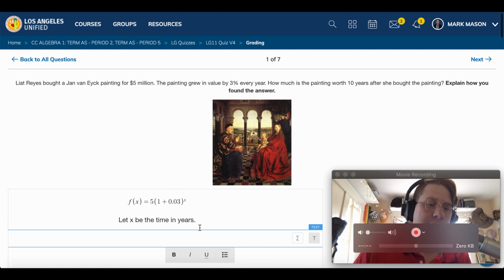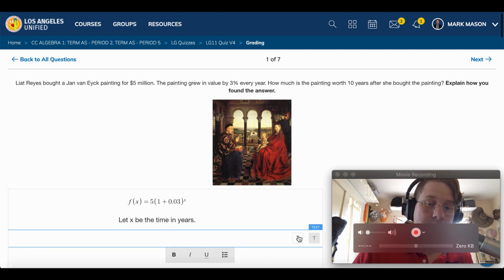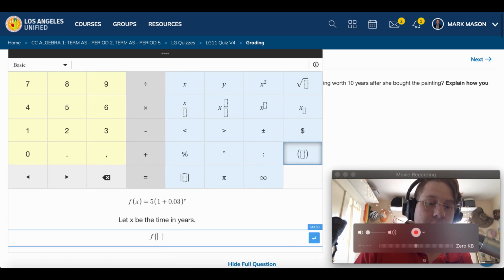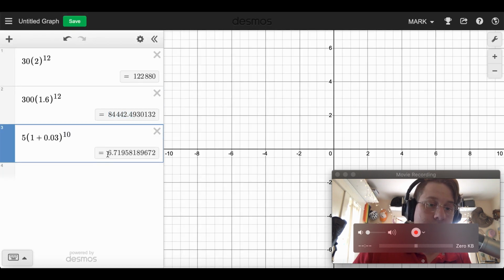So now you have an equation, so we just have to evaluate. So I want this to be an equation. We need to evaluate at 10 years. So in 10 years, 5 times 1.03 to the 10th power. Okay, so I'm going to take this, I'm going to put it into Desmos, and I get an answer.